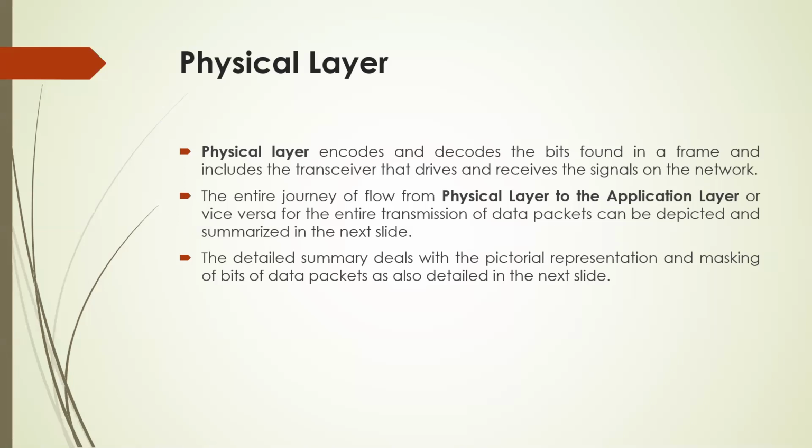Just remember the primary job of the physical layer is encoding and decoding, to safeguard the data from intruders. The physical layer works for the safety of data that is passed from one end to another end.